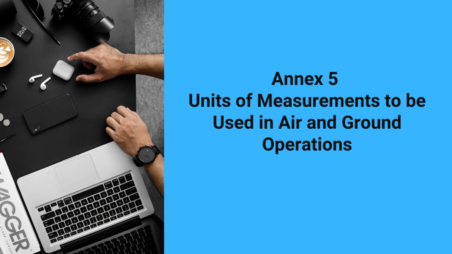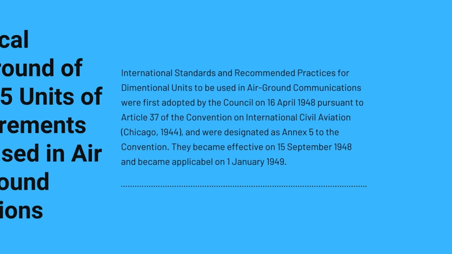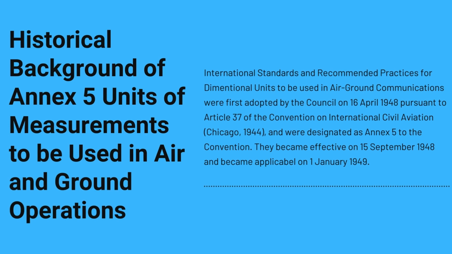Now let's talk about Annex 5, units of measurements to be used in air and ground operations. Historical background of Annex 5: international standards and recommended practices for dimensional units to be used in air-ground communications were first adopted by the Council on 16 April 1948 pursuant to Article 37 of the Convention on International Civil Aviation and were designated as Annex 5 to the Convention.